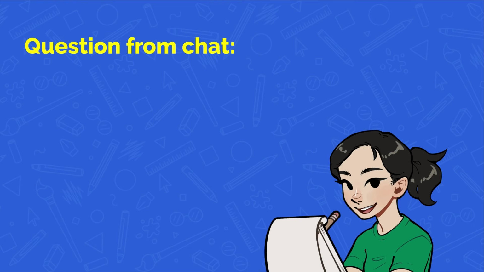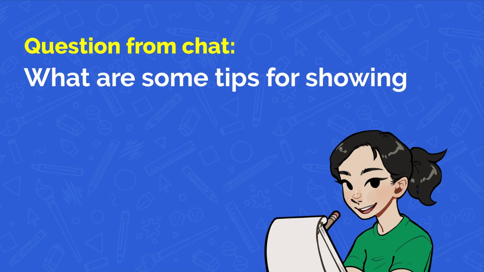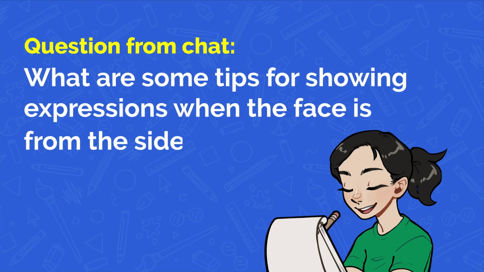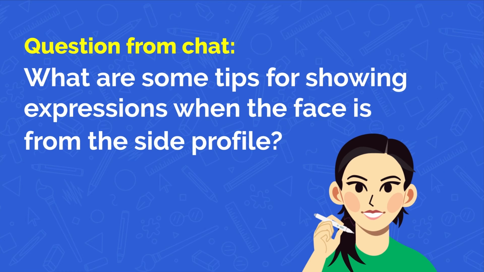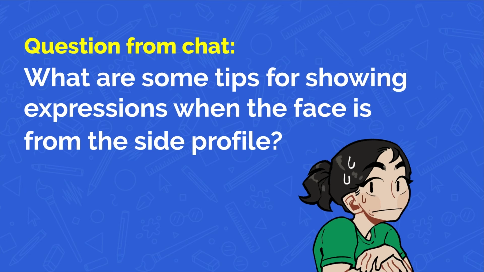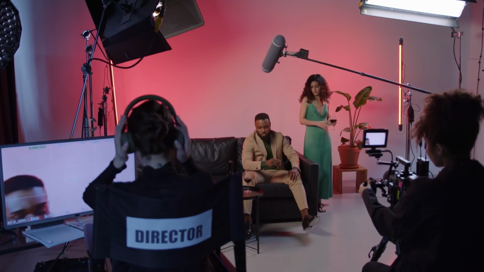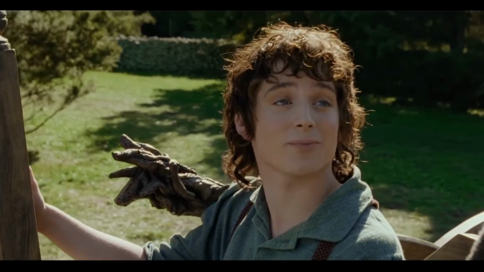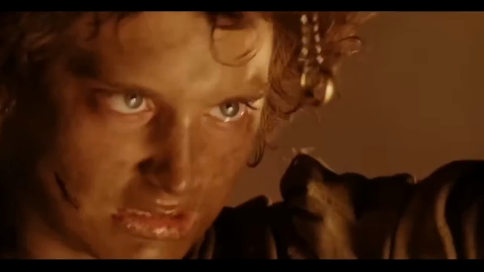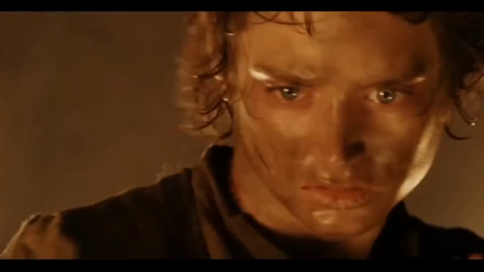Blue Jay Flu says, what are some tips to showing expressions when the face is the side profile? If the expression is central to your idea or your story, don't do it from the side. It's just not as clear. If you were a director and you were directing a film and one of the characters has a really, really important scene where he's going through a lot of pain, the whole purpose of that scene is to show that.